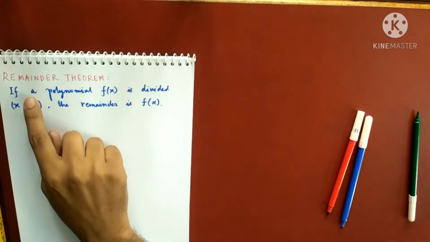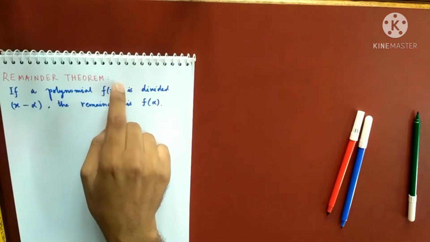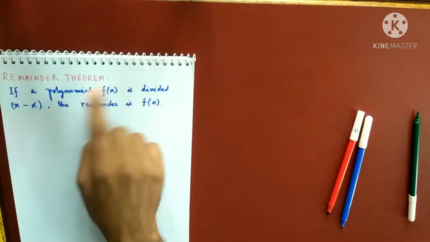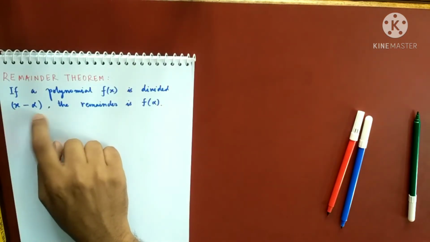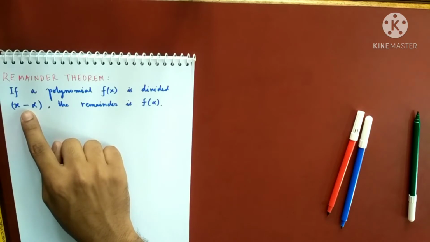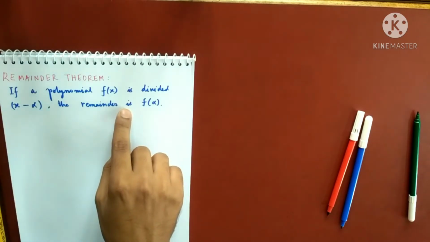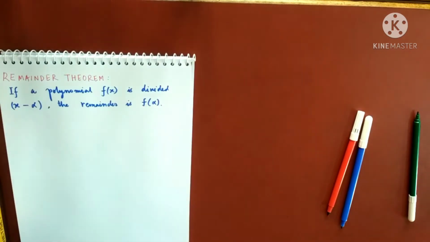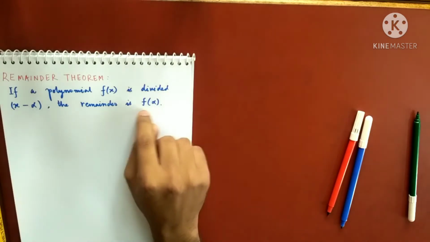When I divide any polynomial by a linear polynomial x minus alpha, the remainder is f of alpha. So without getting into the laborious process of long division, we can simply find the remainder by computing this quantity.